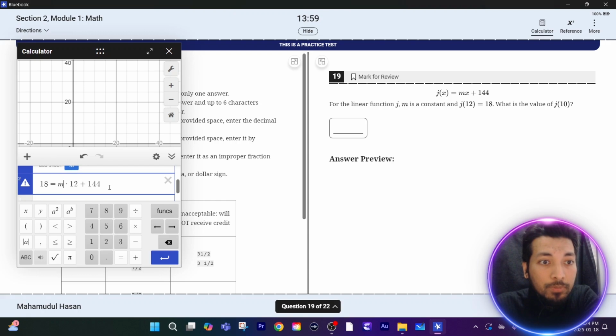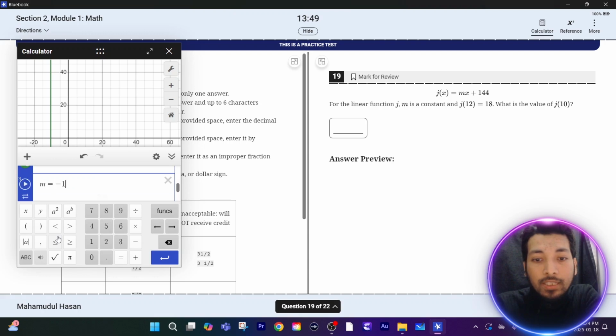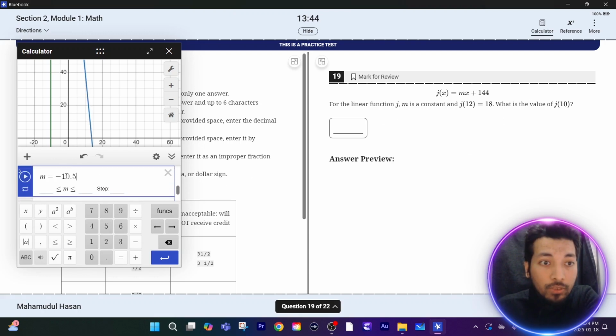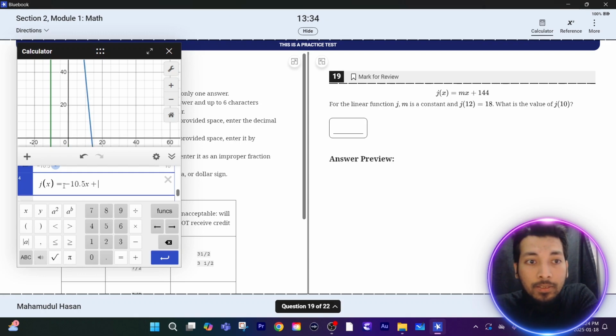Now in this case, I'll just put x to solve for the variable. Remember, this is m originally, but we are just trying to solve for this variable. So m is basically negative 10.5. That's our m. Now we can try to find j of 10. So now the original function j of x is equal to negative 10.5 x plus 144.